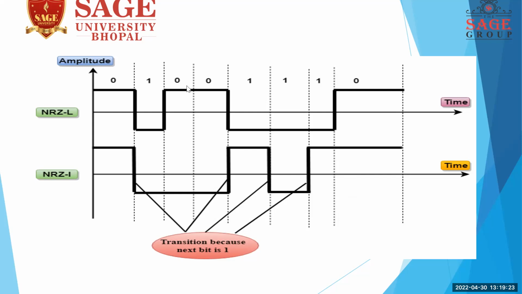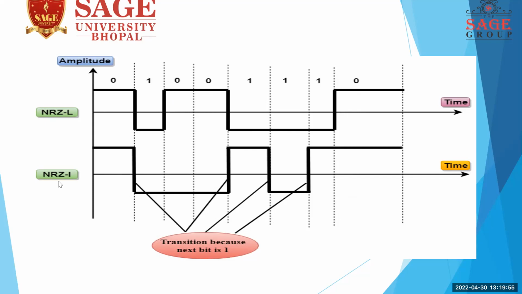So in the sequence of bits, we can see that 0 is represented by high, this is the high signal, and 1 is represented by low. So like that NRZ-L goes on, with respect to time and amplitude.